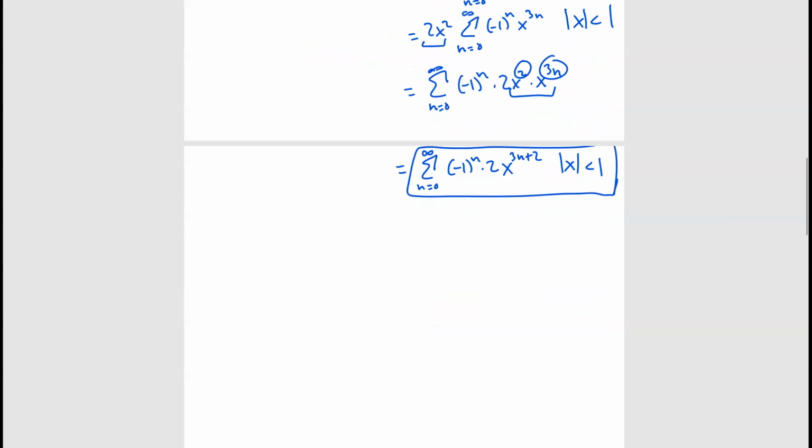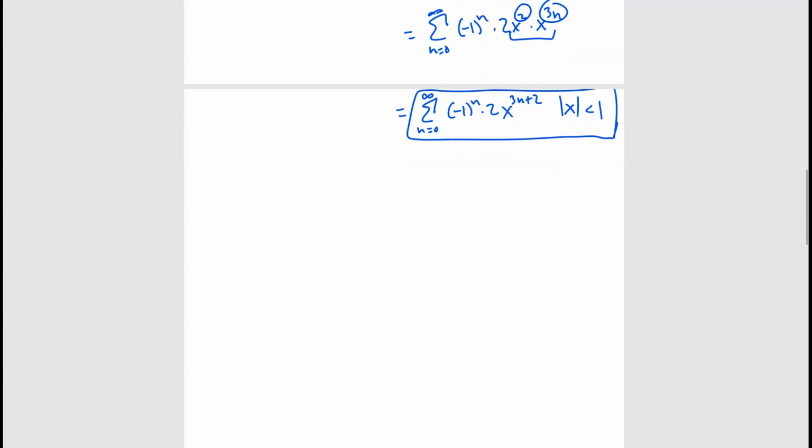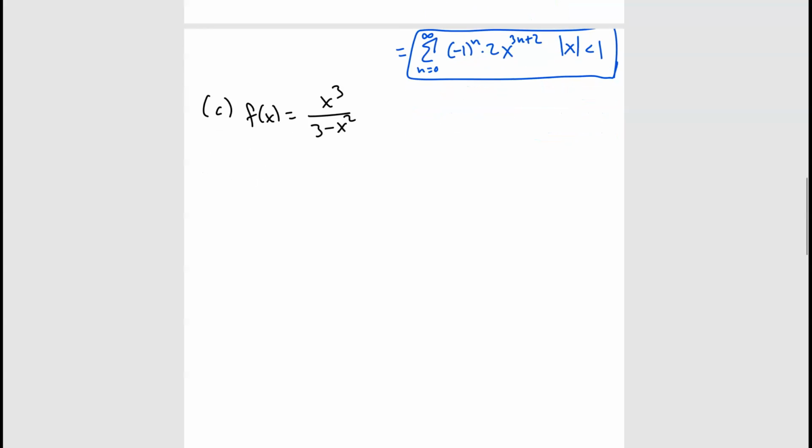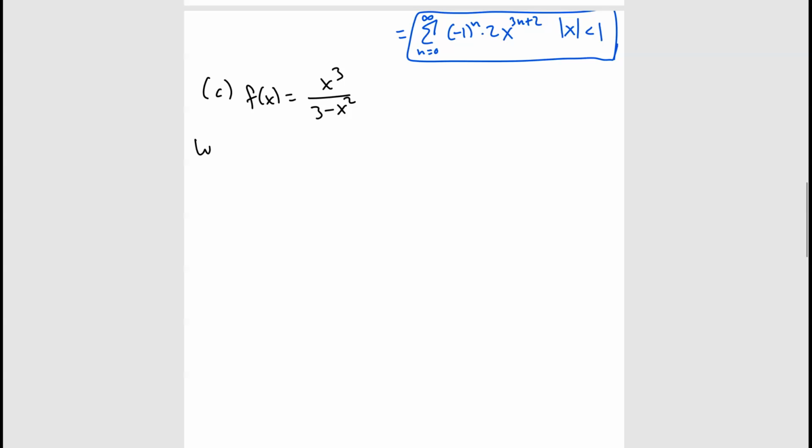Okay. All right, now let's do one last problem. So let's say we had f of x is equal to x cubed divided by 3 minus x squared. Okay, so let's write down what we know.